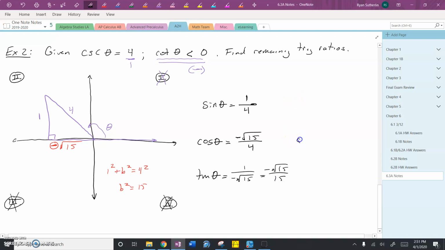Cosecant we already had. Secant of theta is going to be 4 over negative root 15, so negative 4 root 15 over 15, and cotangent of theta is equal to negative root 15 over 1, or just negative root 15.